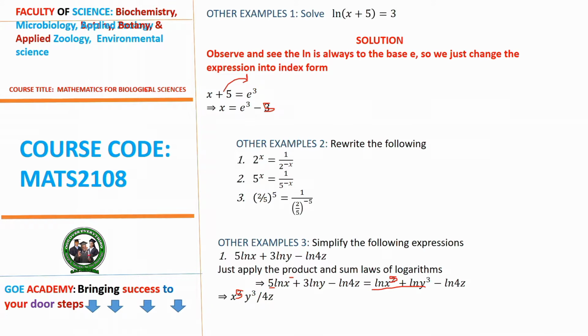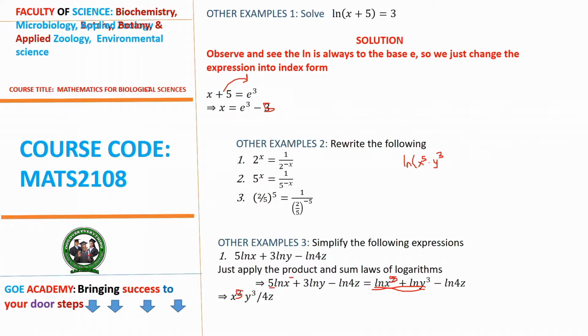So we have ln x raised to the power 5. This ln x raised to the power 5 plus ln y cubed has to become the ln of, since it is addition, that means it's multiplication, the ln of x raised to the power 5 times, or let me just put a dot, y cube.